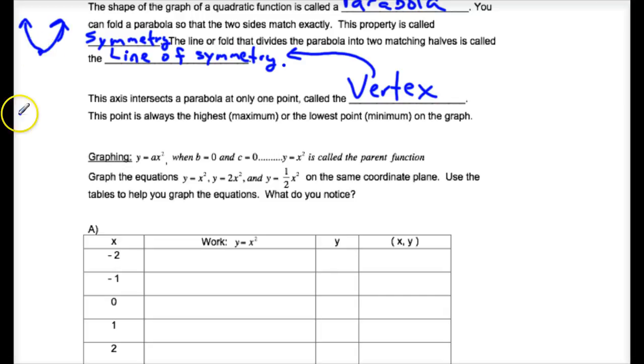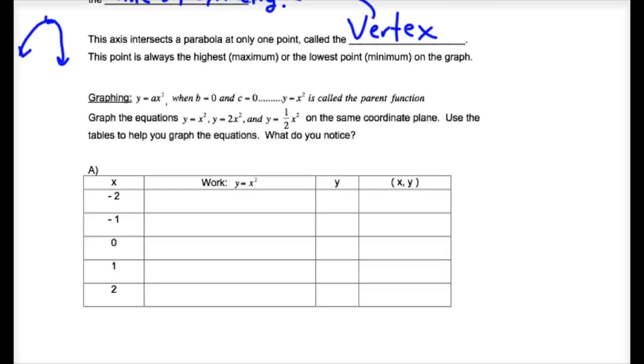And then if it opens downward, it'd be the highest one, it's the maximum. Okay? That's what that next line's saying. You need to know the maximum and the minimum. Isn't the maximum and the minimum where the line of symmetry is, though? Yeah. And it would always be on the line of symmetry because the vertex is always on the line of symmetry. Right.